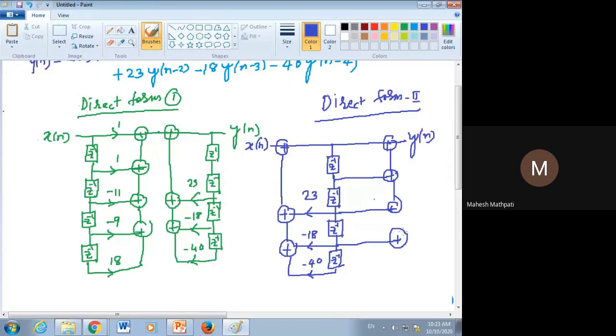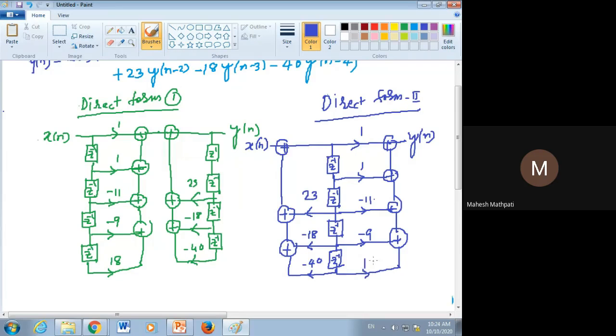This is the order again. And here finally we get it like this. The multipliers are: this is 1 and this is again 1 and this is minus 11. Connect it here. Then again this is minus 9.